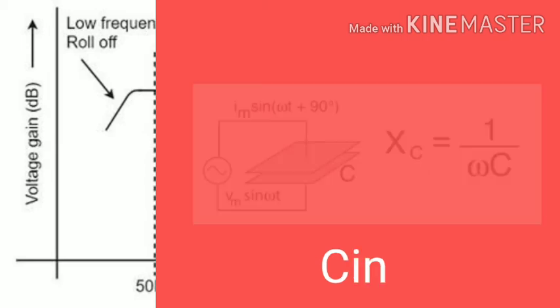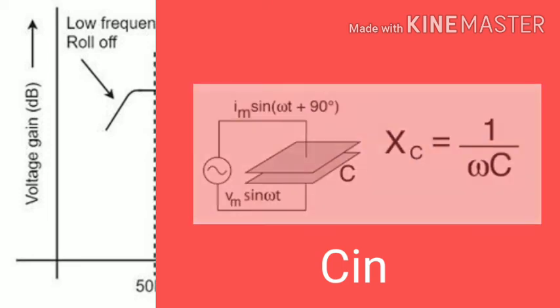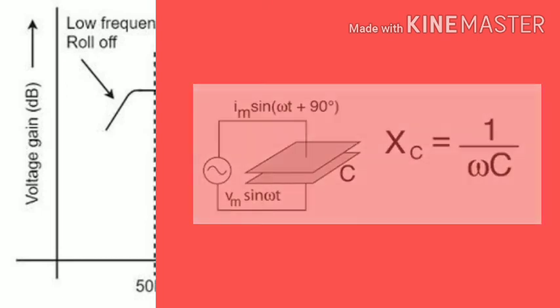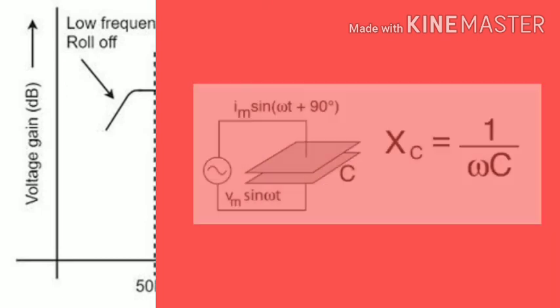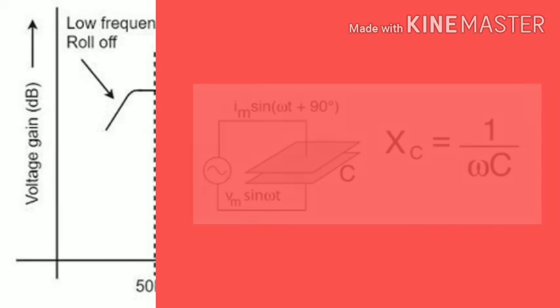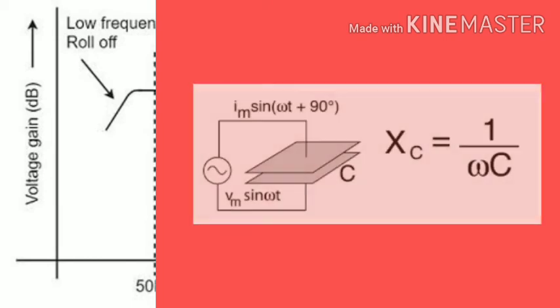The third reason is the input capacitor Cin. The reactance of the Cin capacitor is also very large at low frequencies. Hence, the input signal is not properly coupled to the base of the transistor.